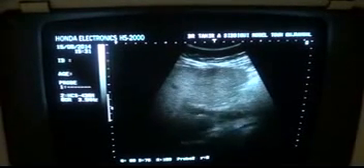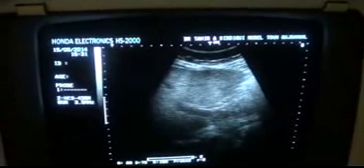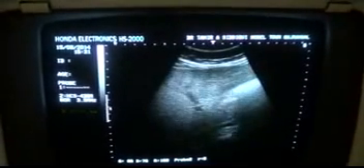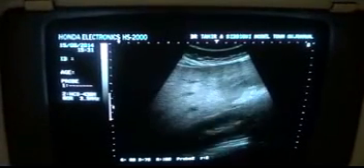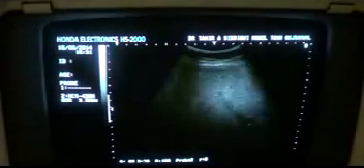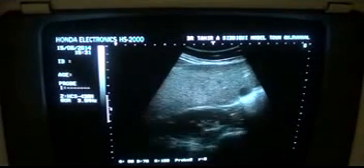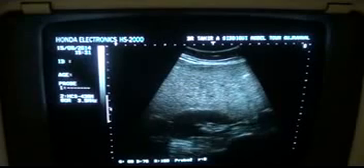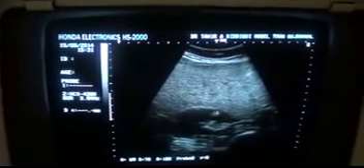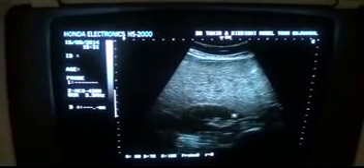Here you can see there is muffling of the periportal echoes, and in transverse section as well, you can see that the adjacent liver appears too bright compared to that of the right kidney.